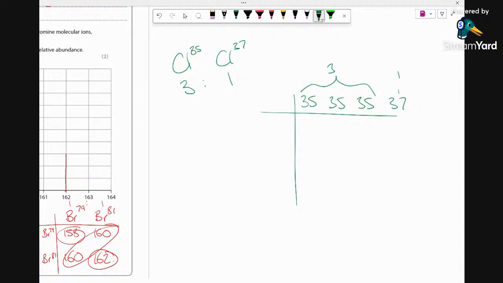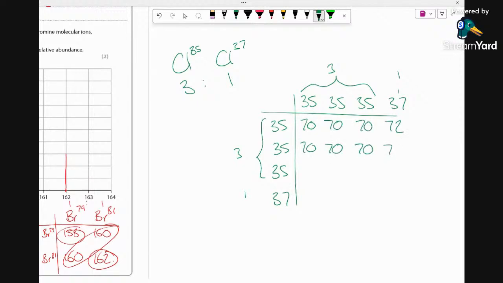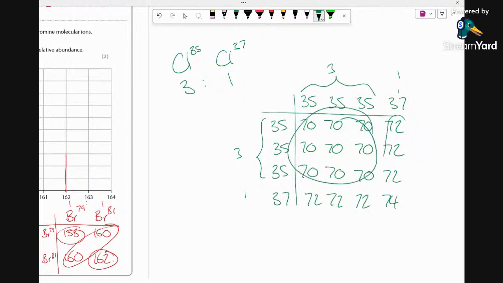Do it the same for the other atom in the molecule of Cl2. Same 3 to 1. Yeah, what I can now do is work out the numbers. So I'm going to get 70, 70, 70, 72, 70, 70, 70, 72, 70, 70, 70, 72, 72, 72, 72, and 74. This is in a 9 to 6 to 1 ratio.